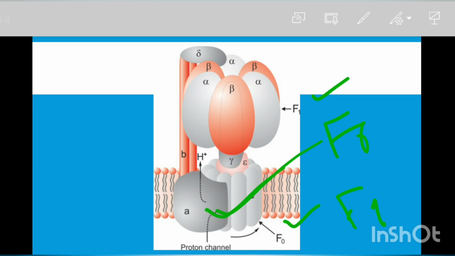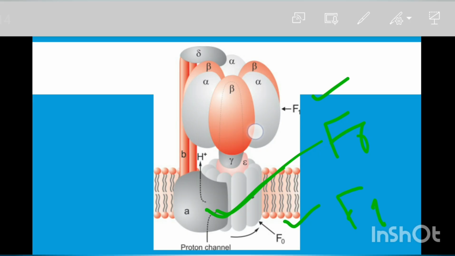The proton motive force is created due to the proton gradient. That force drives the reverse flow of protons from the intermembrane space to the matrix with the help of the channel protein of the F0 component.